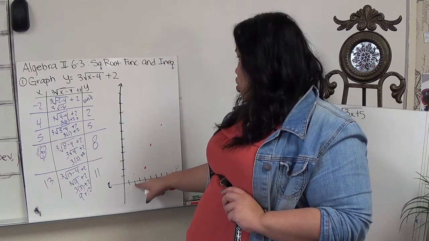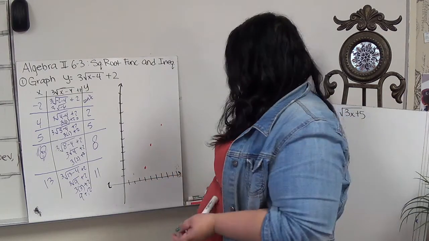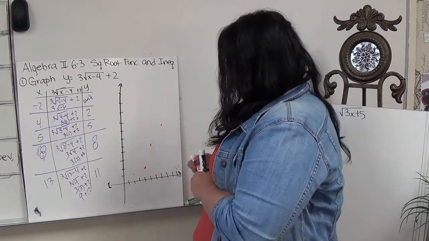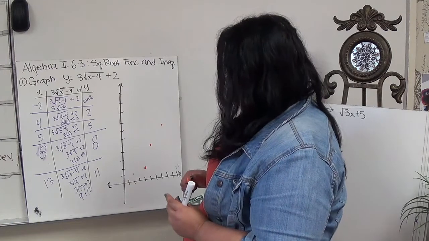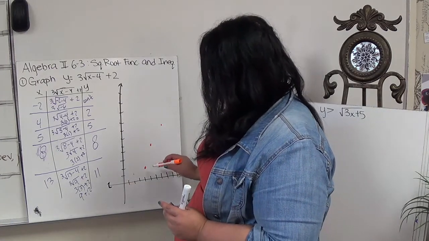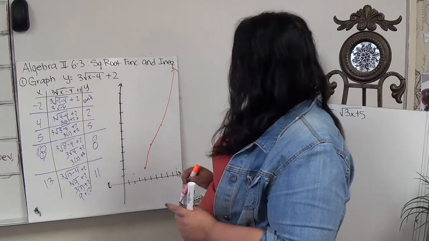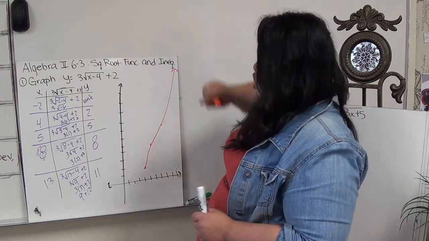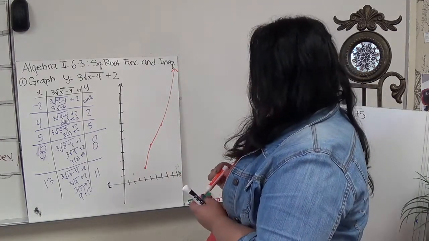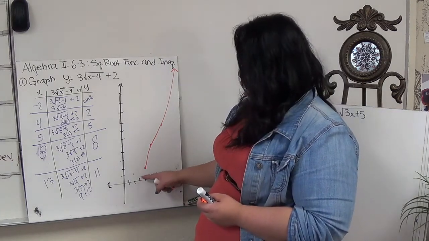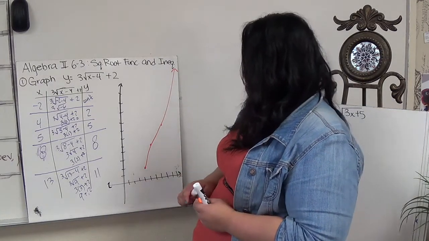So here's 1, 2, 3, 4. This means that I start here, and I'm going to go up. It's just going to increase and shoot up, but it's not going to go left of here because it becomes negative anywhere on there.